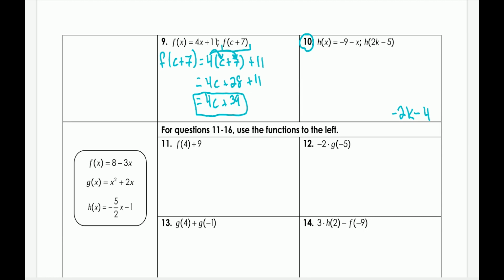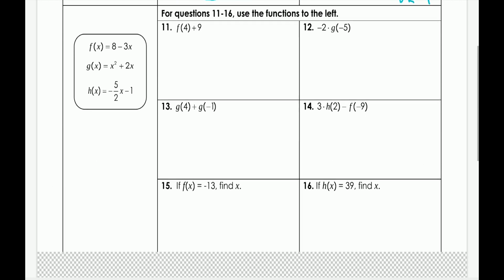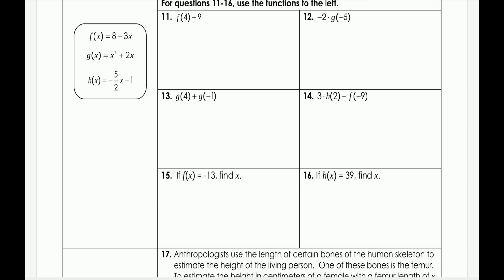Okay? So, let's talk about questions 11 through 16. So the importance of function notation is to shorten things down a little bit. So if you read number 11, we have f of 4 plus 9. So we're getting our function from this box over here. So we have that f of x is equal to 8 minus 3x.